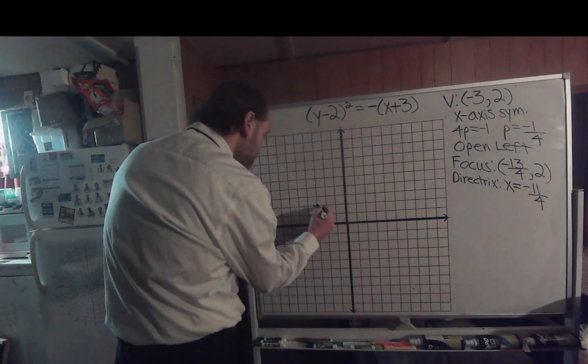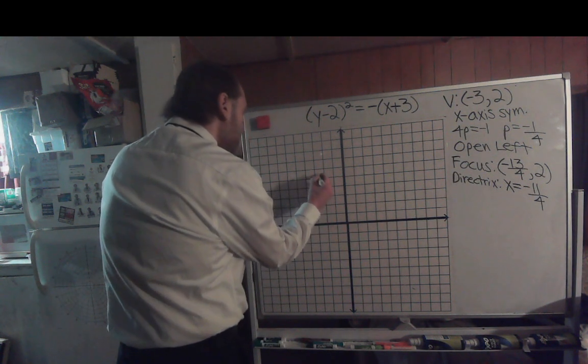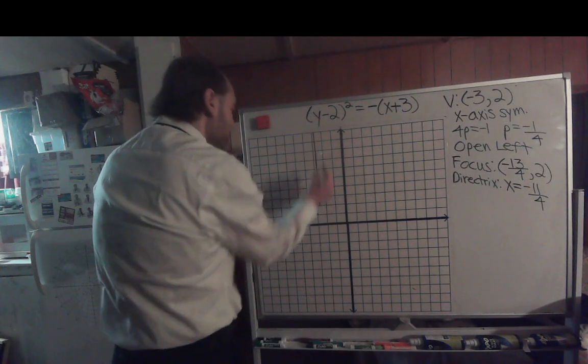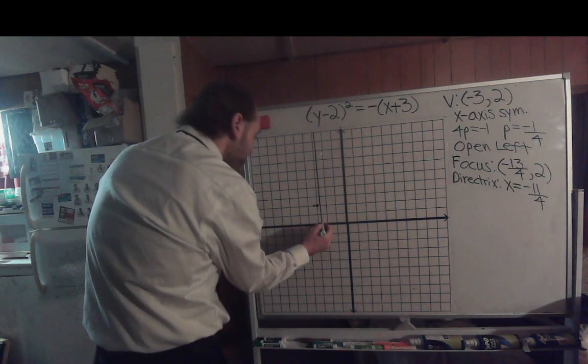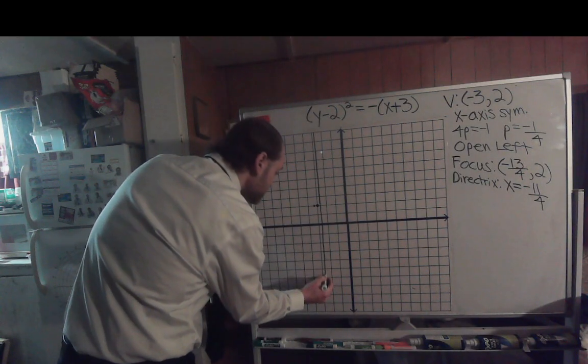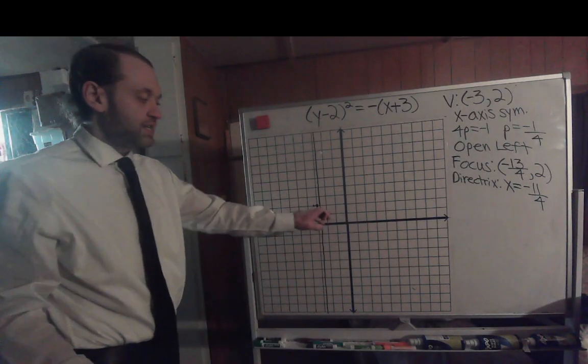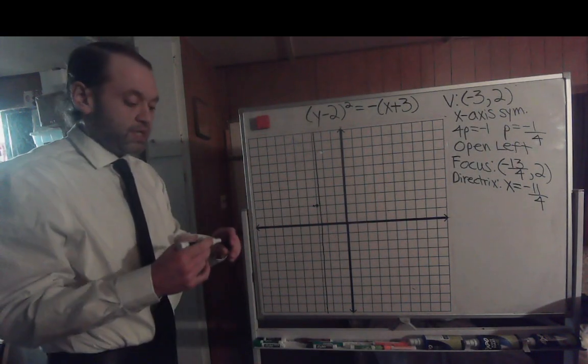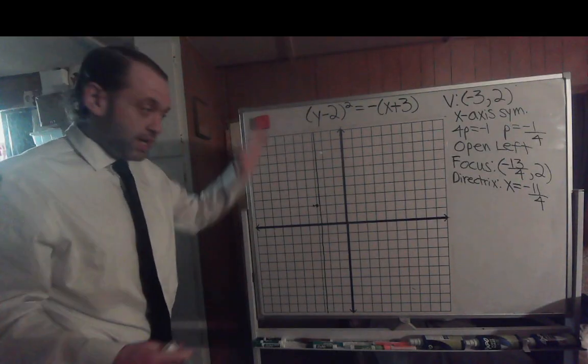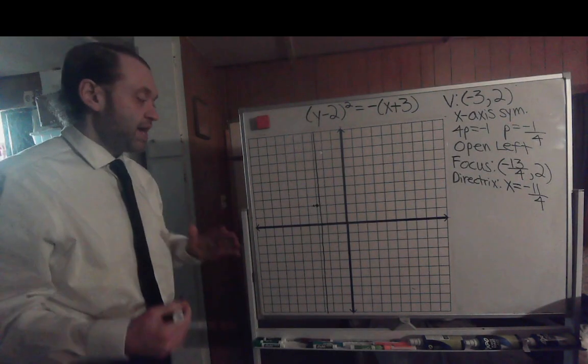So there's your directrix right there. So yeah, very small distance between the vertex and directrix and vertex and the focus. So now that we have all that, we can proceed to graph.